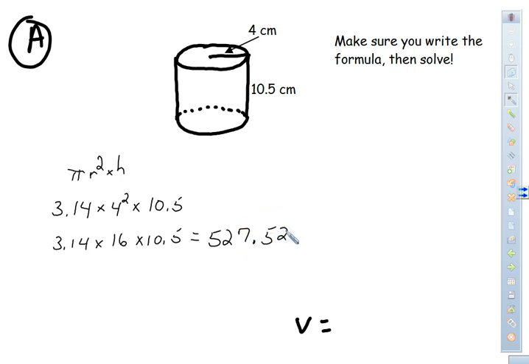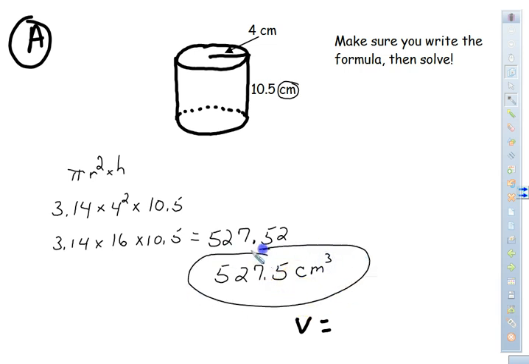Now again, we're always rounding to the nearest tenths, so that would be 527 and 5 tenths. And we are discussing this as centimeters for the unit of measurement, and it is volume that we are trying to find. So it is cubic centimeters for this. Okay.